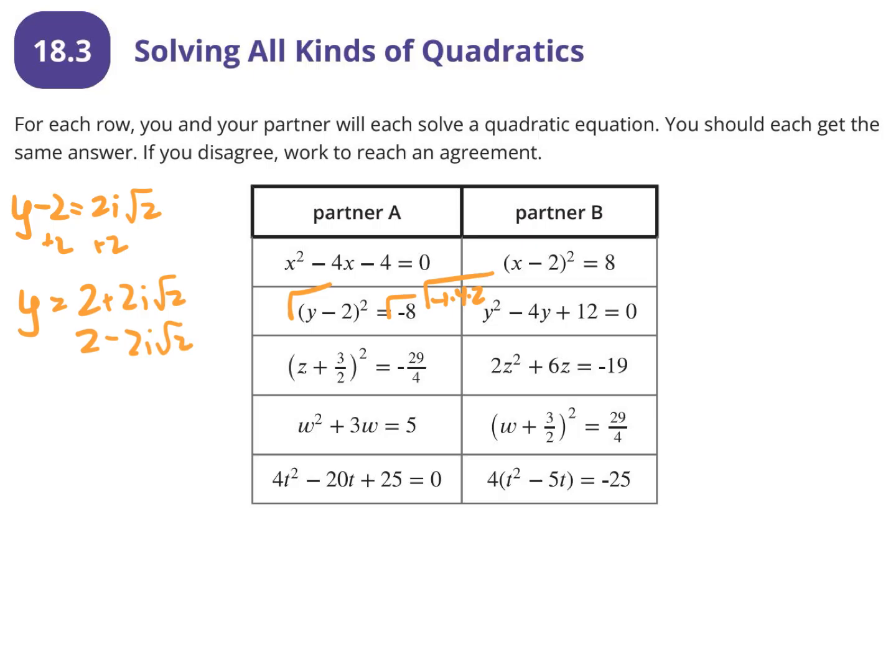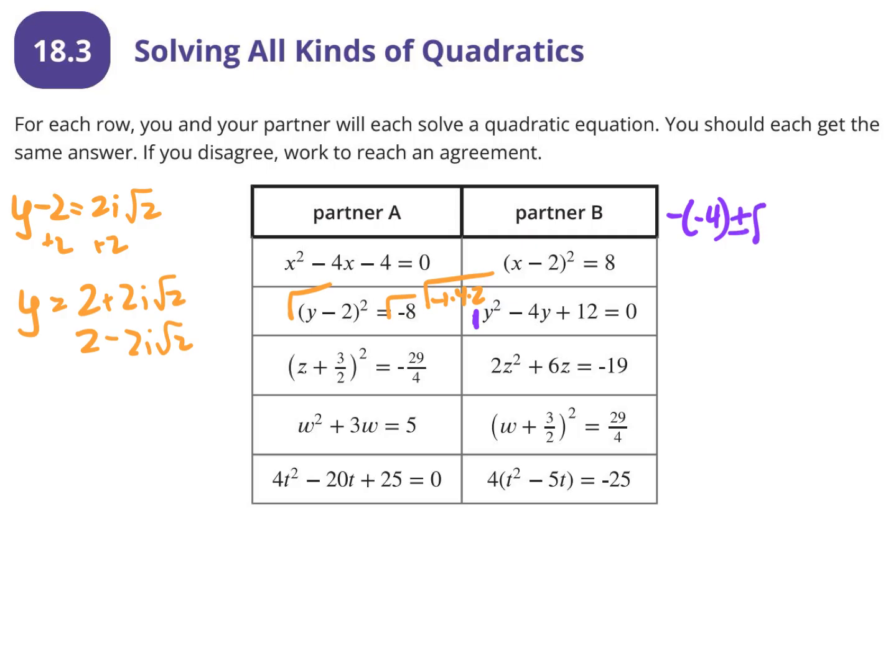Now for the B, for the second row, I'm going to use the quadratic formula, which is going to give me my A is 1, my B is -4, my C is 12. So that gives me negative of B, which is -4. This is why I always use parentheses.